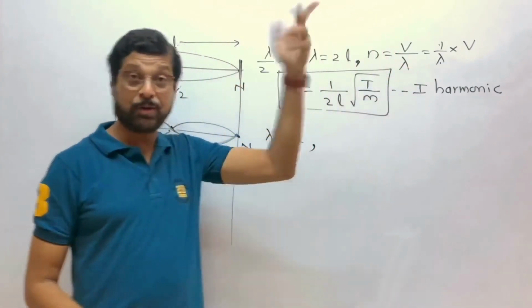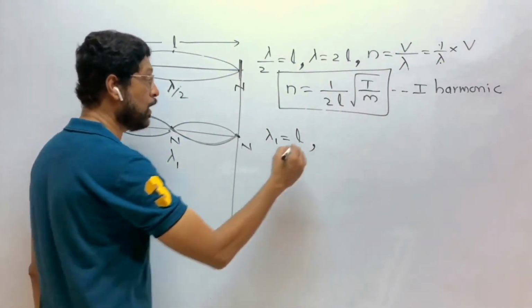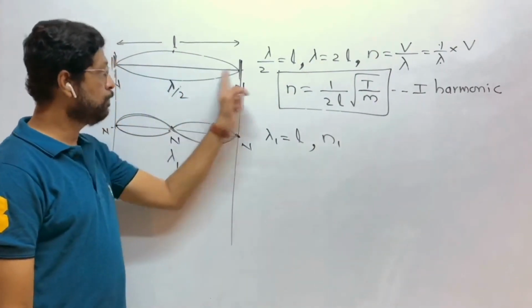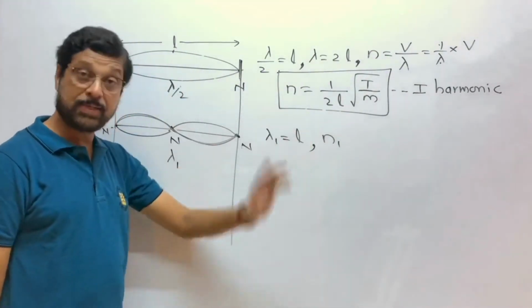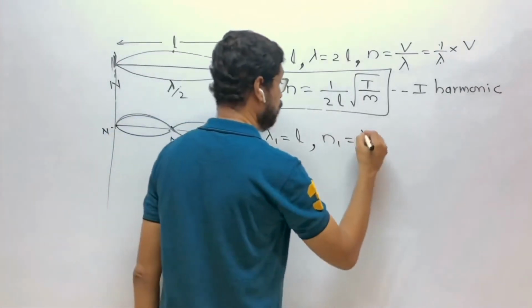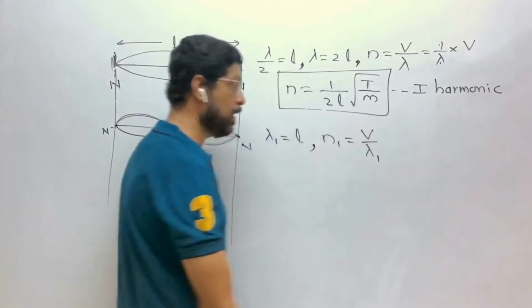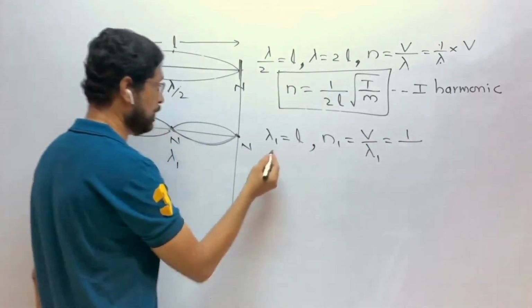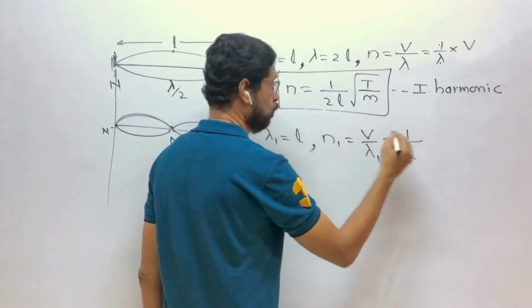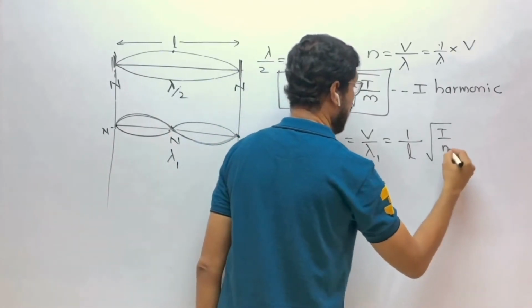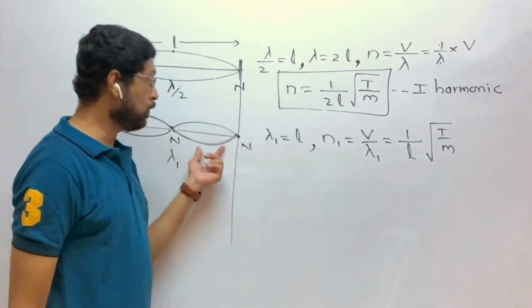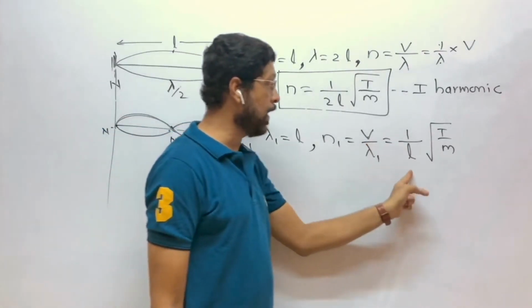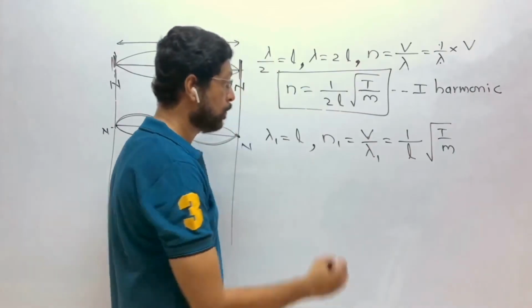So now the new frequency N1, the first frequency was N, the new frequency N1 will be V upon lambda 1, that is equal to 1 upon lambda 1 is L into V, under root T by M. So now the frequency of vibration of the string N1 will be 1 upon L under root T by M.